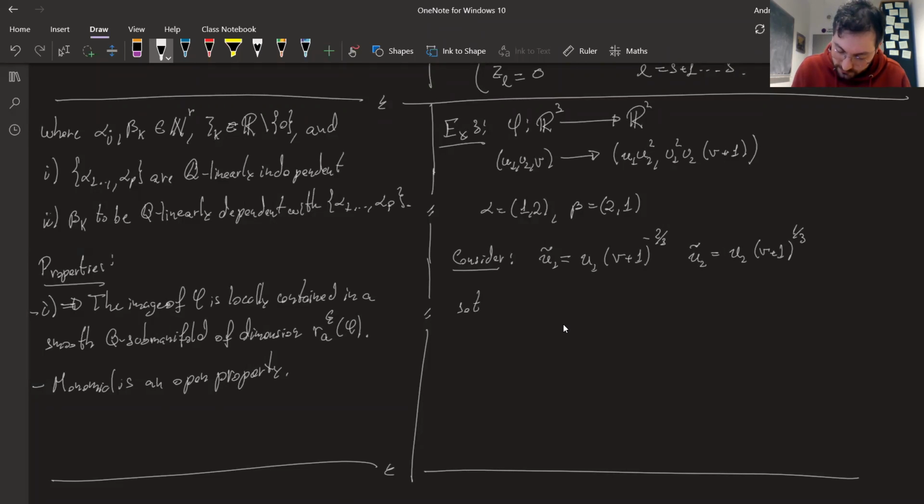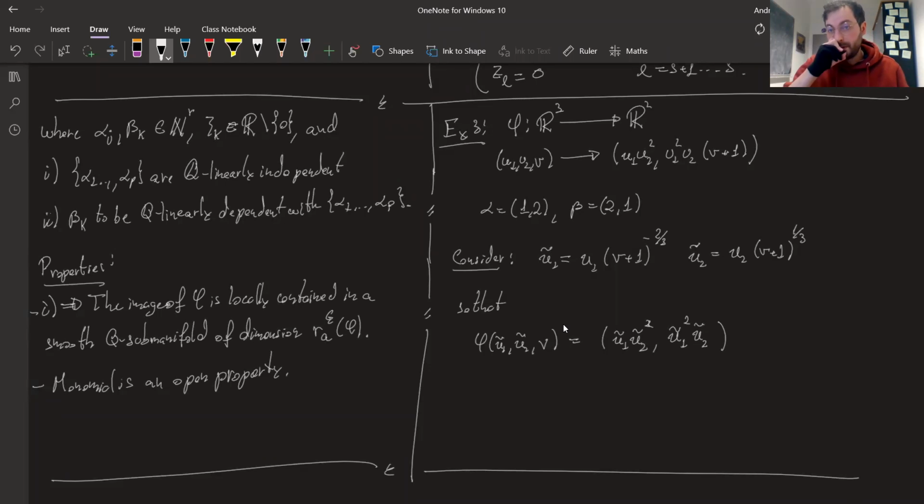So now your morphism is in terms of U1 tilde, U2 tilde, and it is U1 tilde U2 tilde squared, U1 tilde squared U2 tilde.